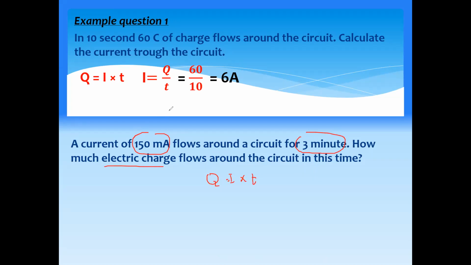First, to convert 150 milliampere to ampere, you should divide by 1000. So it will be 0.15 ampere. And time is in minutes, you have to convert into seconds, so multiply by 60. So 3 multiplied by 60 is equal to 180 seconds.